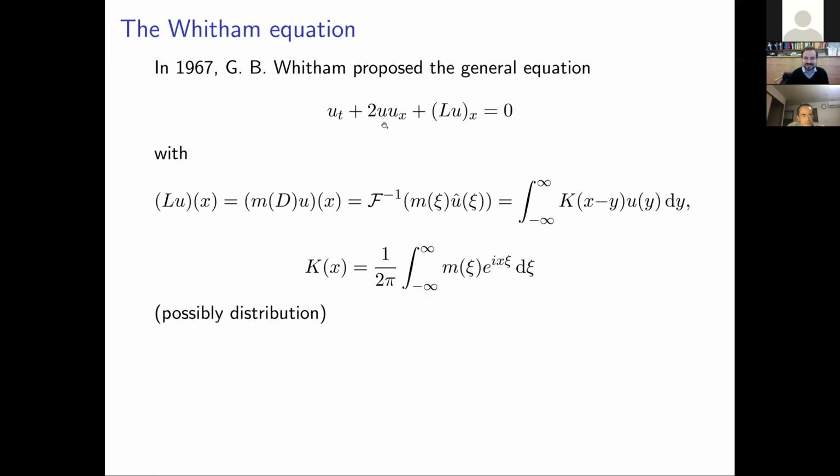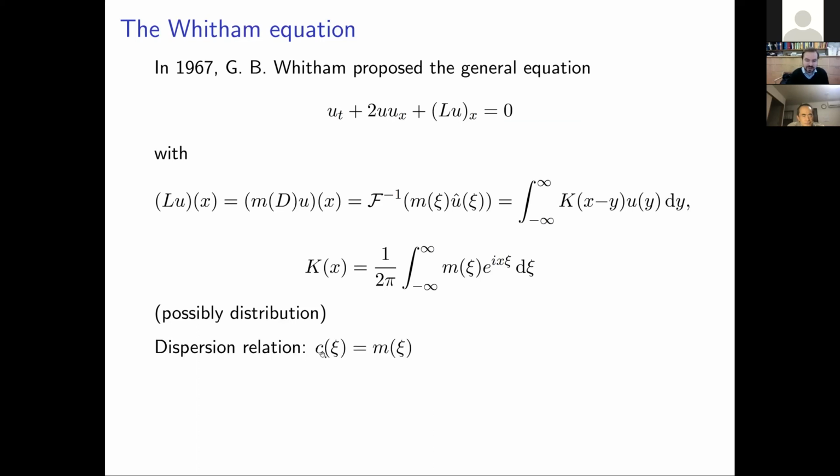I've written it in the same form as Mats, but I call the operator M of D. I would sometimes call that L. So Whitham proposed this general equation with the same nonlinearity as the KdV equation, but where we replace the linear dispersive term by a general Fourier multiplier with a symbol M. You can also write this as a convolution with an integral kernel K. And you could allow K to be a distribution rather than a function, which allows you to also include the KdV equation in this general framework.